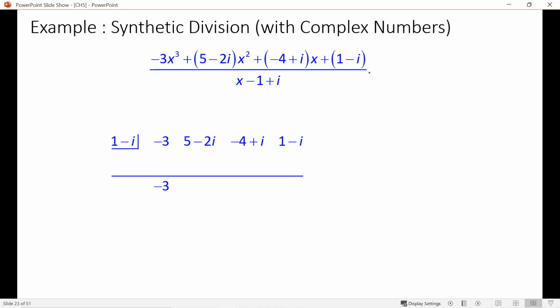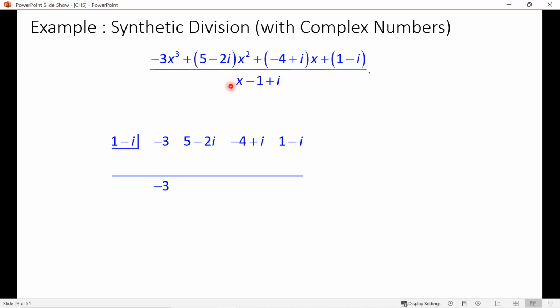Now, let's do an example of synthetic division with complex numbers. In this fraction, you see the polynomial P of x is the polynomial on the top, and we want to divide it by x minus 1 minus I. So here's the polynomial division that we're doing.